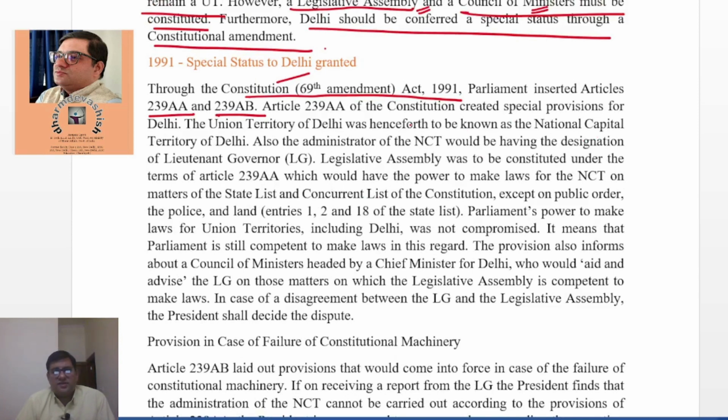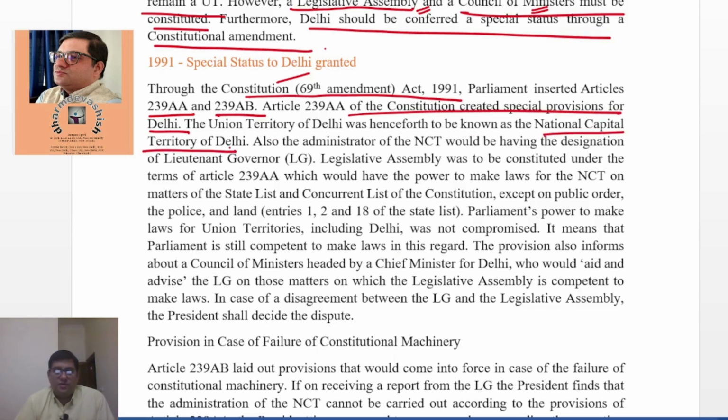Now, as the text says, Article 239AA of the Constitution created special provisions for Delhi. What was the first special provision? The first special provision was the change in the nomenclature, the change in the name itself. The Union Territory of Delhi, after the notification of this constitutional amendment, would henceforth be called the National Capital Territory of Delhi.